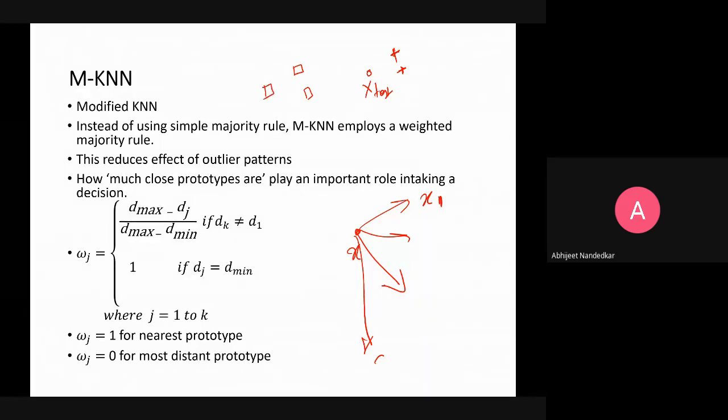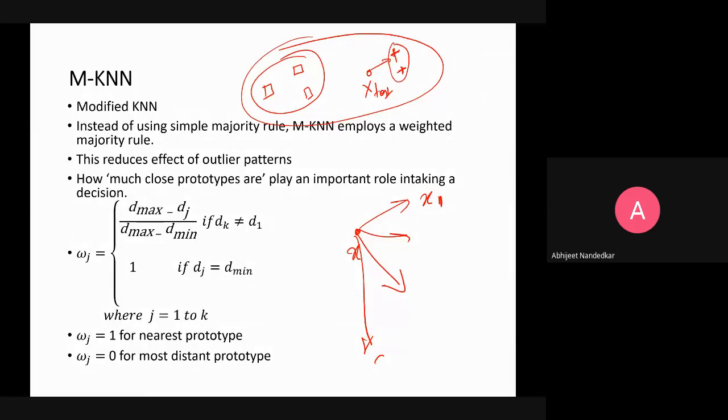If I choose suppose k equal to 5, then this is the situation. So majority is with this class, but you see that these two samples are actually close to this.